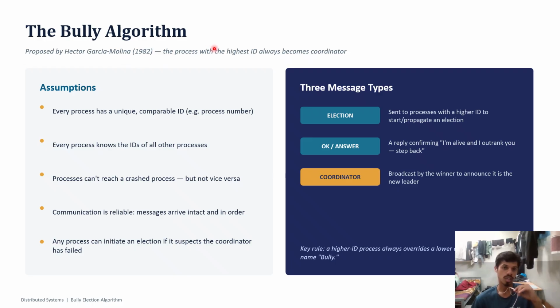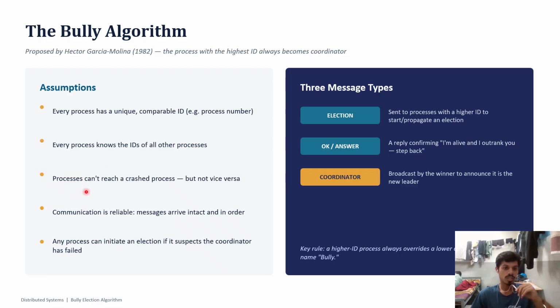The process with the highest ID always becomes the coordinator. Highest ID means each process has a unique comparable ID. The process with the highest number will be the coordinator of all the processes. Every process knows the IDs of all other processes. This is the main idea behind it.